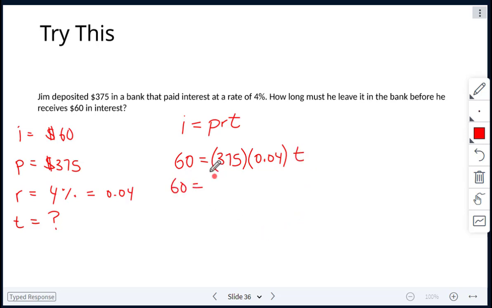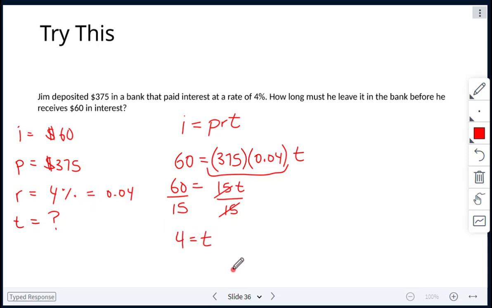The first thing we're going to do is multiply this out: 375 times 0.04 gives me 15T. We're solving for T, so we divide by 15 on both sides. 60 divided by 15 is equal to 4.